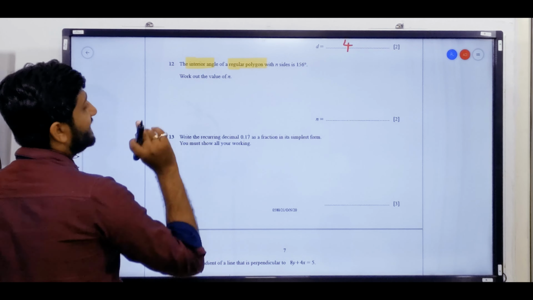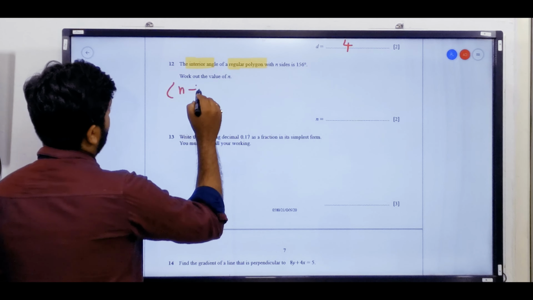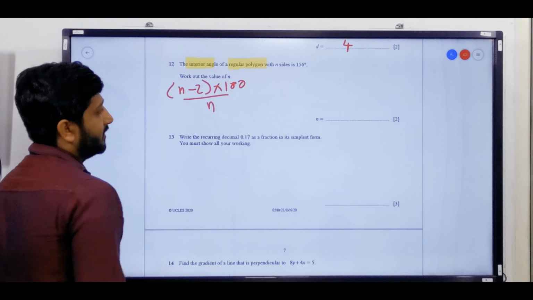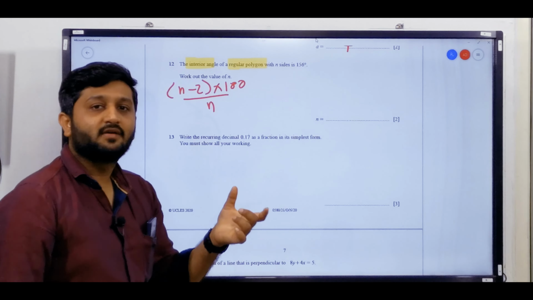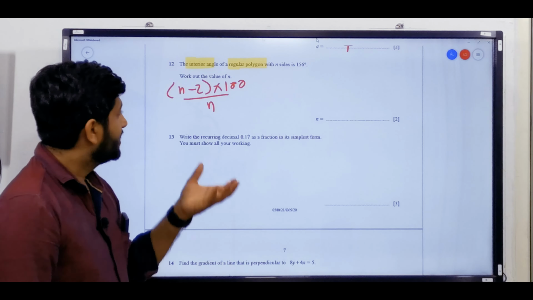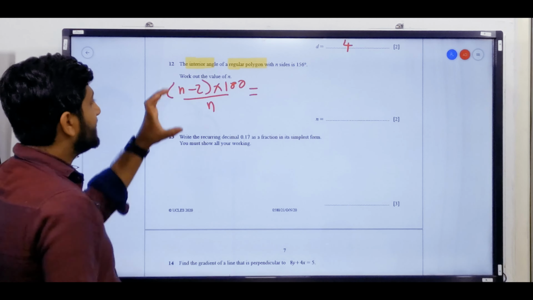The formula of each interior angle is (n minus 2) into 180 upon n. This is the formula of the sum of all the angles in a polygon divided by n, the total sides. This will give me each interior angle.